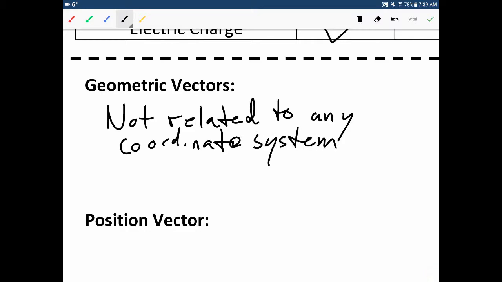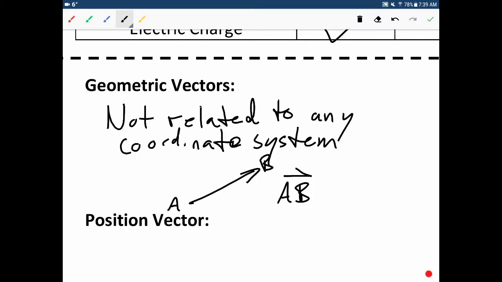For instance, I would just draw A to B, and I talk about the vector AB, like that. That little arrow on top is what tells us that it is in fact a vector.